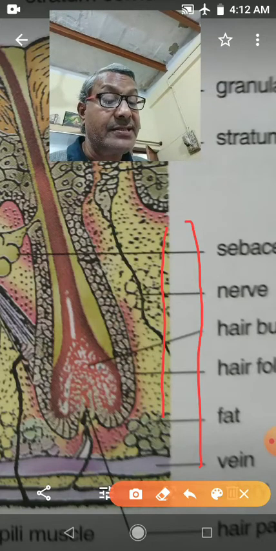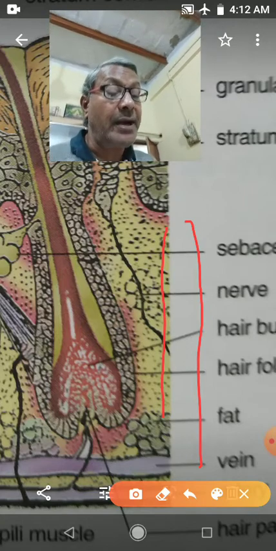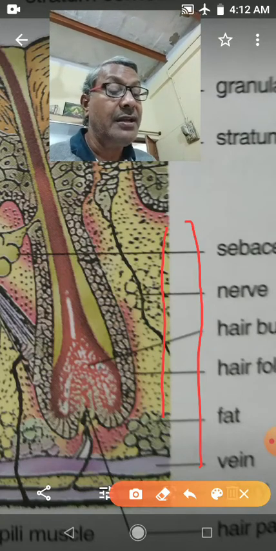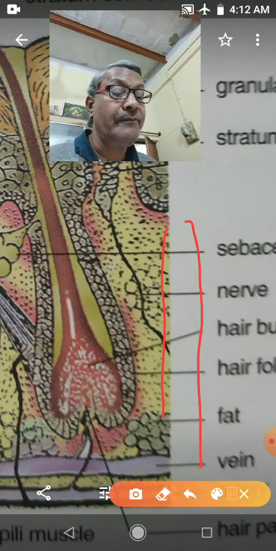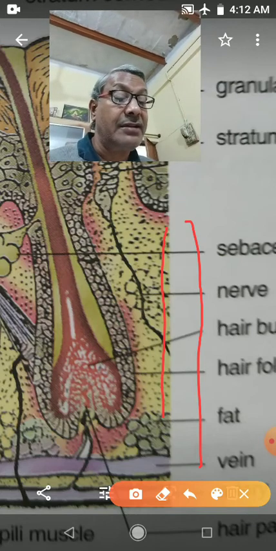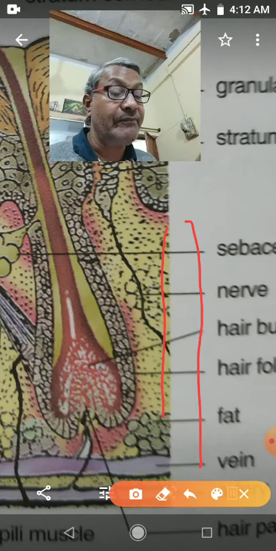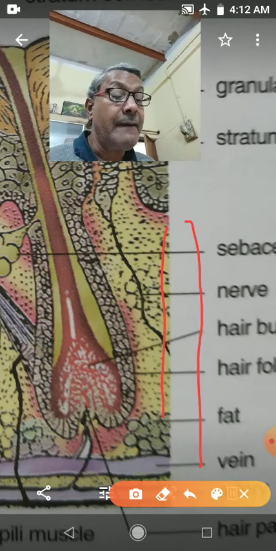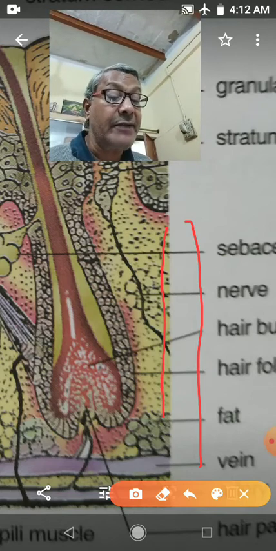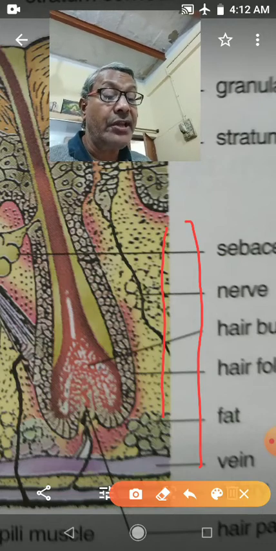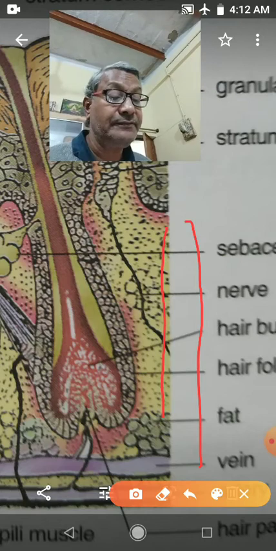Somewhere dermis is thick in our body and somewhere thin. Like in the palm and sole, dermis layer is thick, but in the eyelids, dermis layer is thin. In the dermis layer, blood vessels, nerve fibers, sensory organs, hair follicles, and sweat glands are all present.